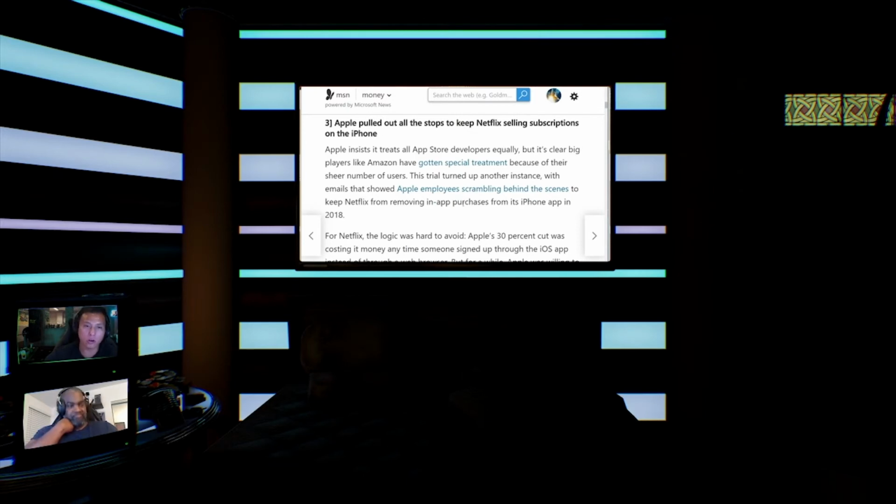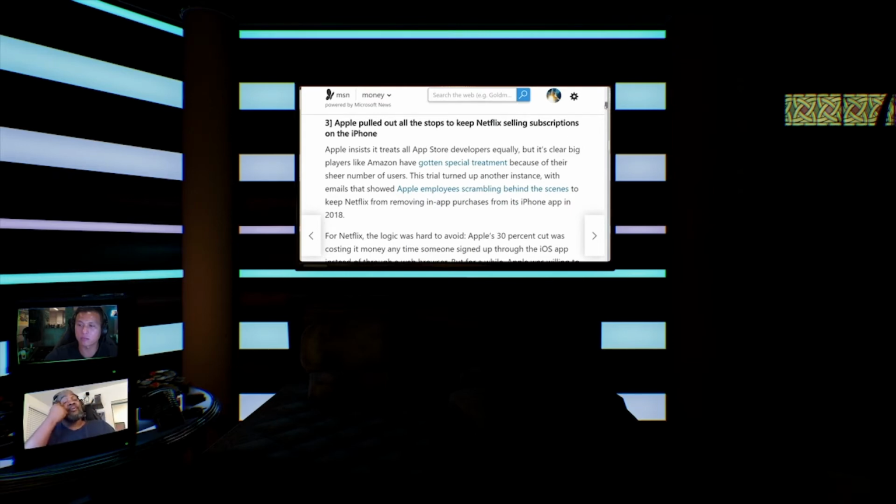And that is a very strong argument, and it's basically been proven through this case, right? With Apple treating Netflix and Amazon very specially because of the amount of users that they bring in. Yeah. The 30% cut isn't exactly 30% for either of those two. Last time I heard, it was half.